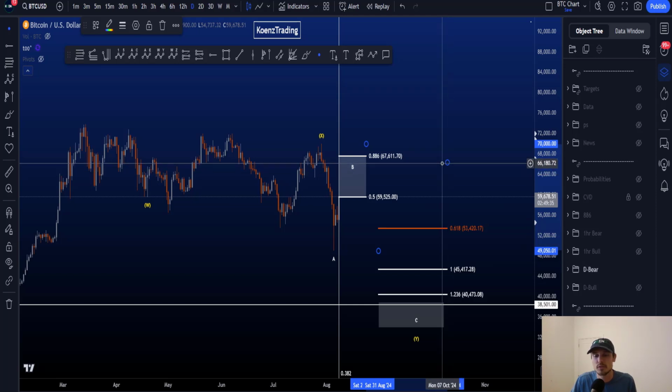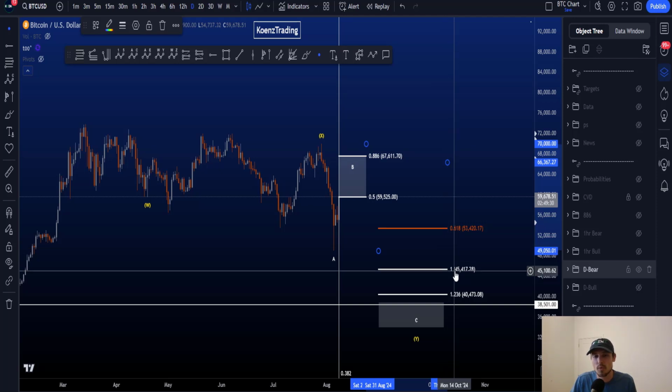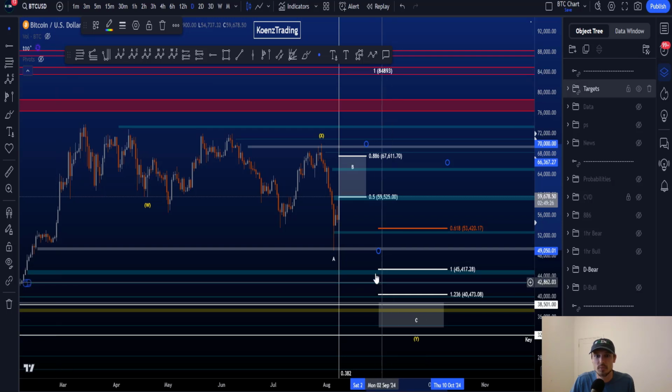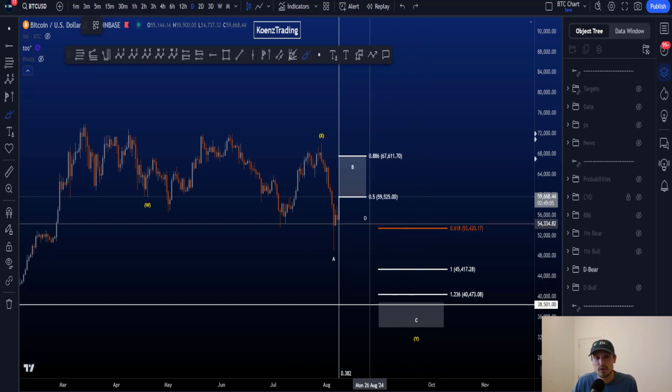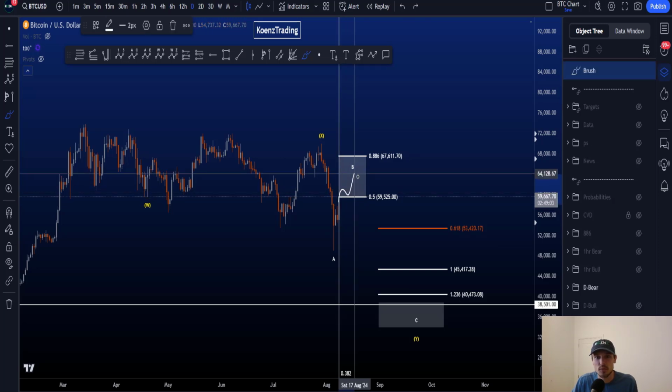If we can get close to, let's say, 65, 66k, then at least the one-to-one trend-based fib extension is around 45k. And we do have some additional support here, the blue box, at around 45.3 to 44.3k. So in other words, we want to see B move towards the upside.